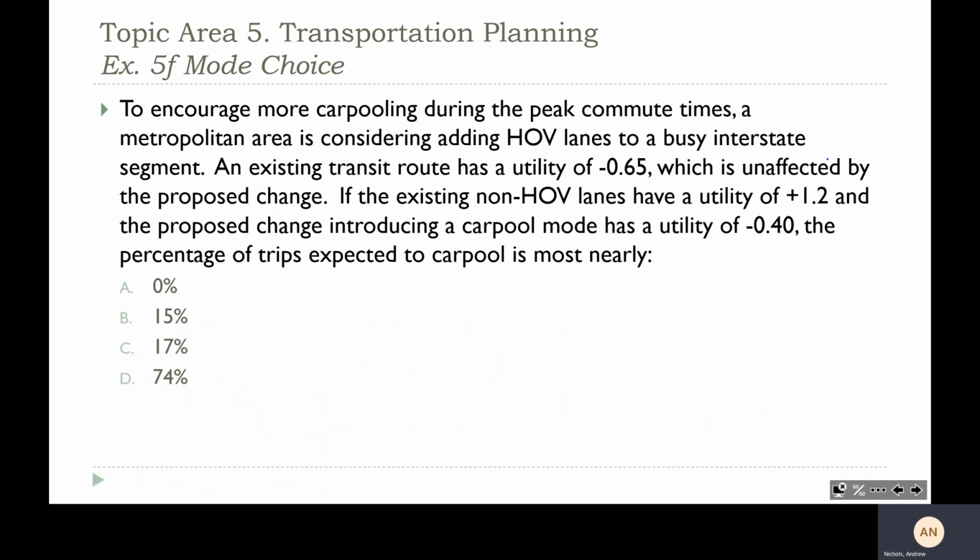So the FE style problem for this mode choice is looking at HOV lanes. Anybody remember what an HOV lane is? What's HOV stand for? Well, maybe if you knew what it stood for.